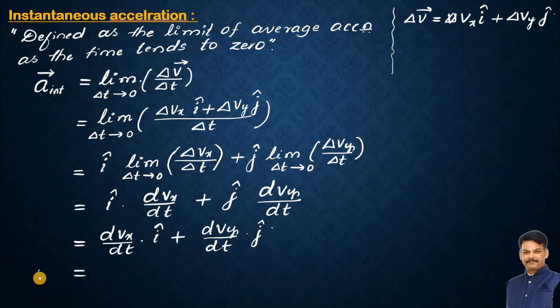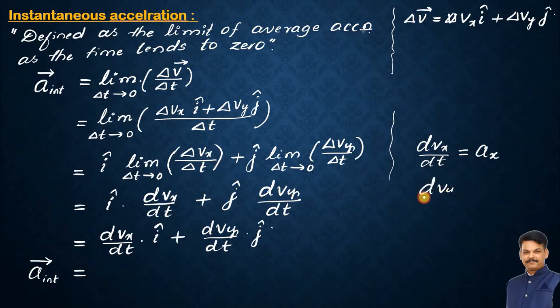Now observe, dear students, what actually is dvx by dt? Is it not the change in velocity with respect to time? Definitely it is. So dvx divided by dt is the acceleration component along the x-axis, because acceleration is nothing but the rate of change of velocity.